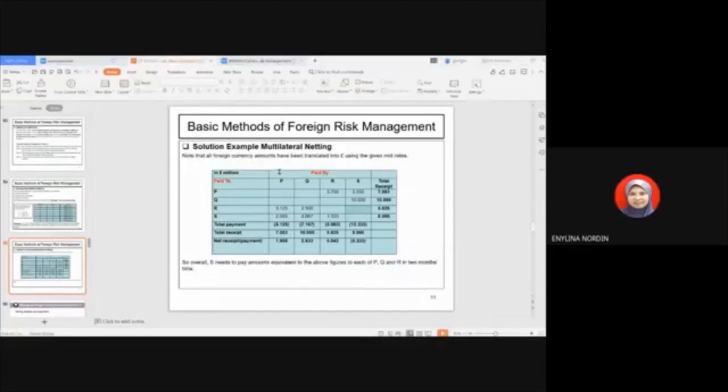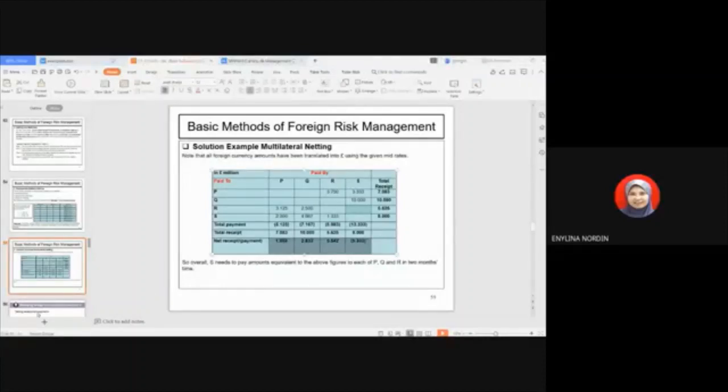But if you do it vertically for P, from this row to this row, then you will get 5.125. So that is the payment. This is the total payment made by P to each subsidiary. So you total up the payments and then compare to the receipts of each subsidiary accordingly. Then you get the net. So they are netted off, and then you get the net balance.